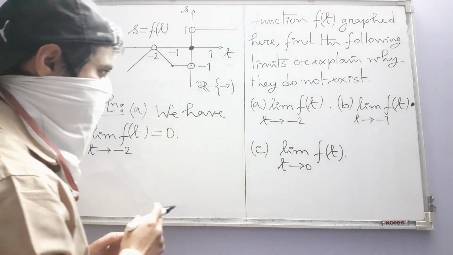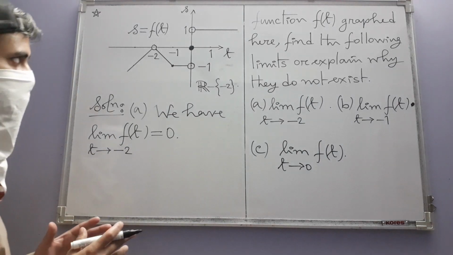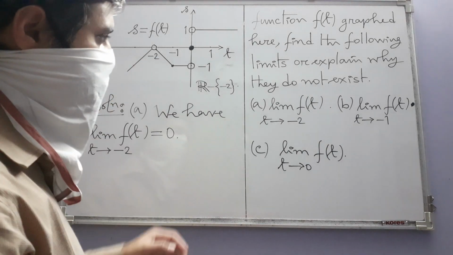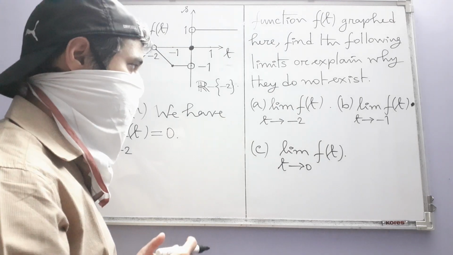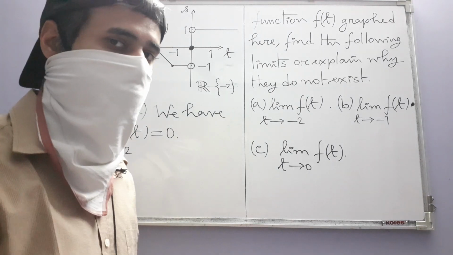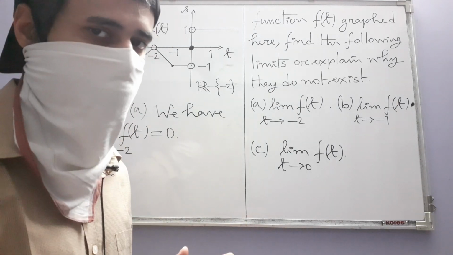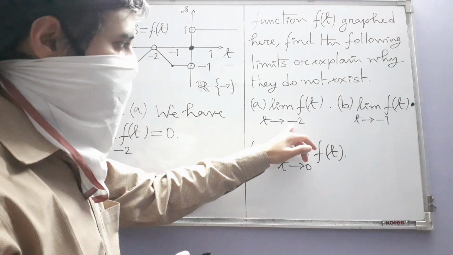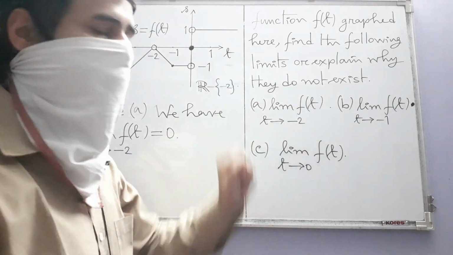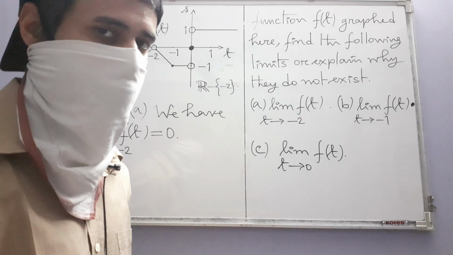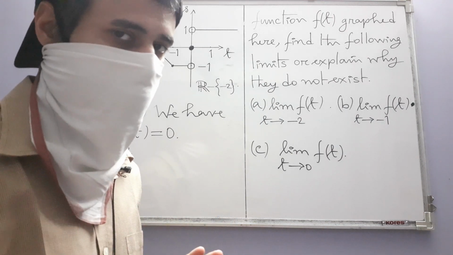In this case you can see that more clearly because the point -2 is not in the domain at all. So nothing happens at -2. What happens at -2 is not a part of f.